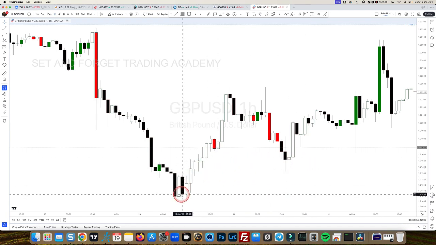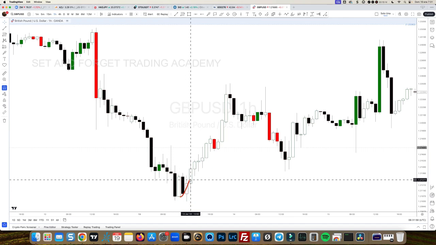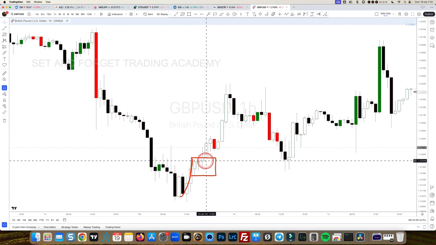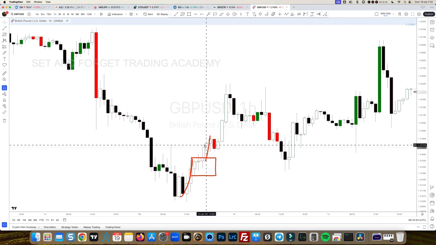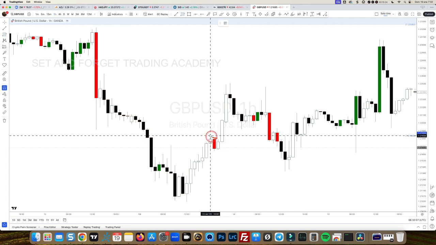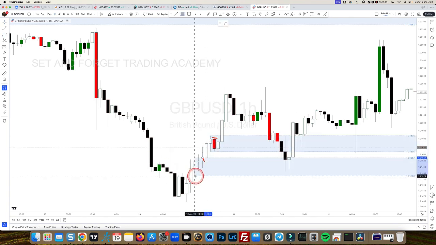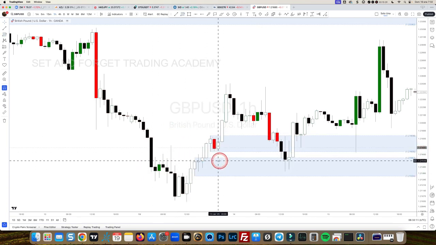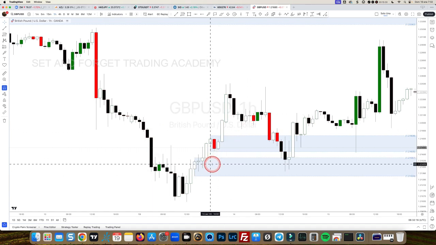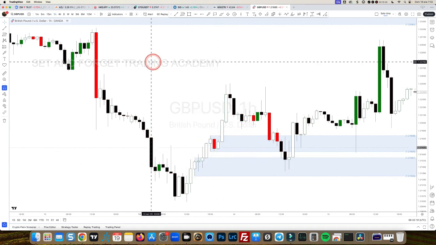So on the way up here, we've got a rally, a base, and a rally. And then we've got another base, and then another rally. So these two over here are considered CPs. You're going to learn how to draw them later, but I'm just identifying the structures here.